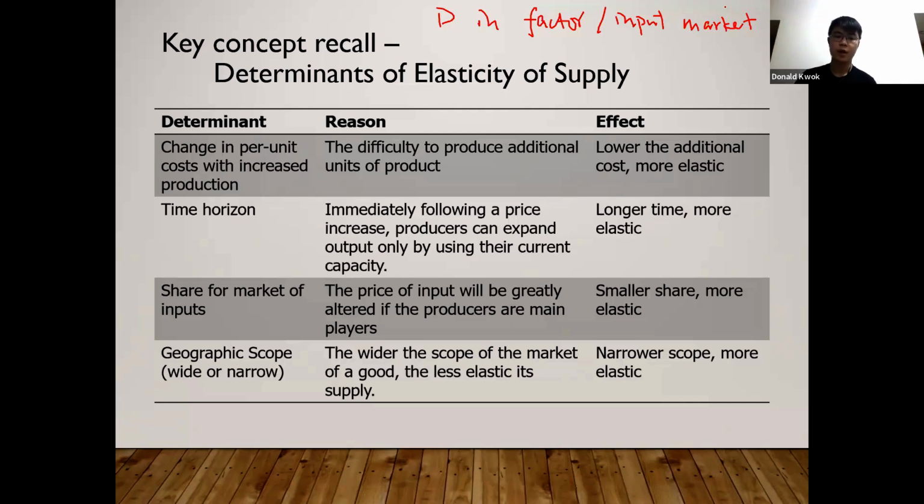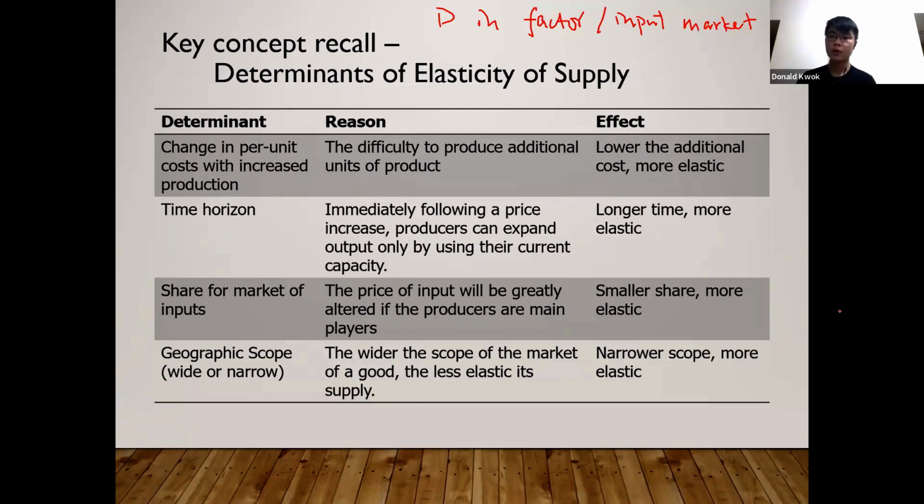And finally, the fourth point, geographic scope. It is somehow similar to the classification of goods on the demand side, right? So let me use an example to illustrate that. If we are talking about the oil supply of the world, you simply cannot draw on any other resources, right? It's hard for you to draw other resources to produce more oil.